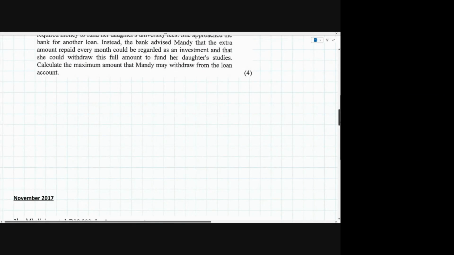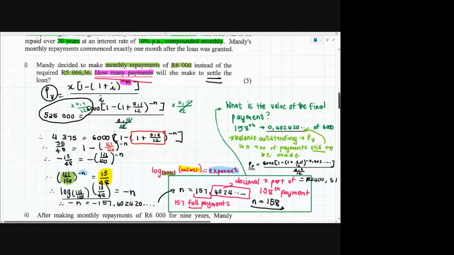So this amount that we've just worked out is this 158th payment. It's a small little portion that we need to pay right at the end, just to make sure that all of the interest is paid off. My entire loan is settled. I owe nothing more to my bank.